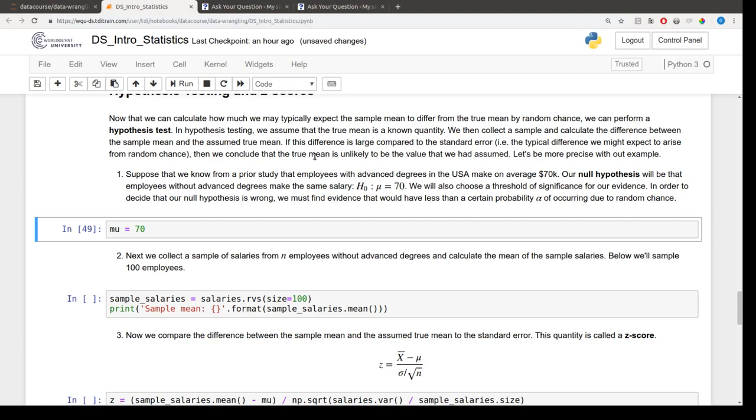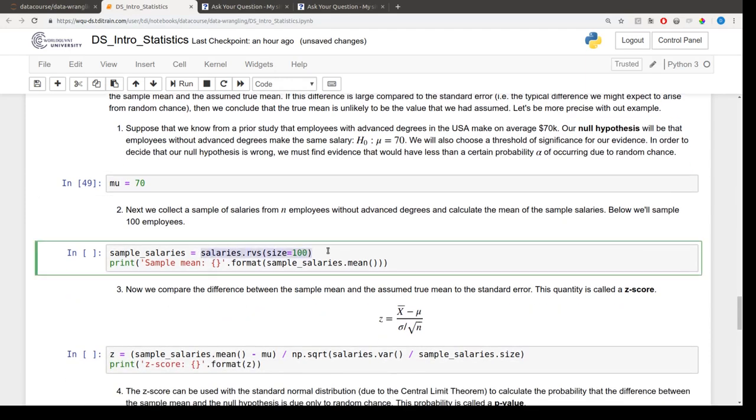So you go out to challenge my claim that people without advanced degrees in the U.S. make $70,000 a year on average. You collect a sample of salaries of people without advanced degrees, and you collect 100 salaries.